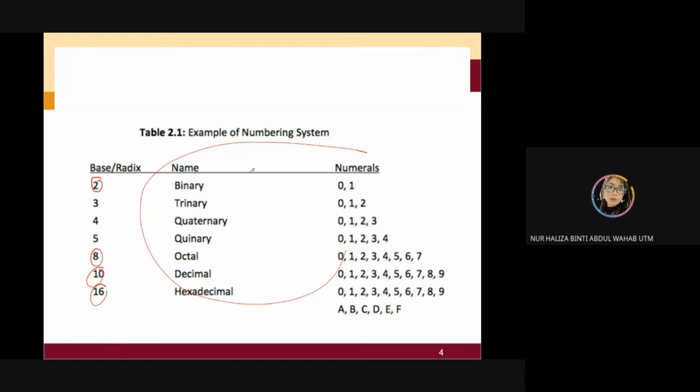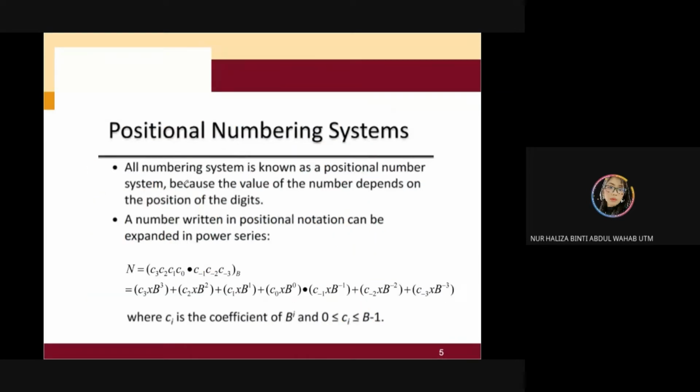Okay, next is the positional numbering system. I already shared a little bit about this, but I don't want you to be very confused by this equation. Mostly, the positions to the left of the fraction point have positive powers of the base, like the power of 3, power of 1, or power of 0.